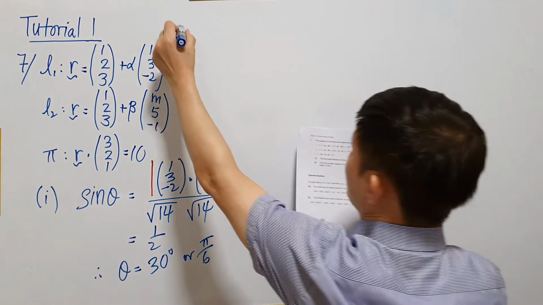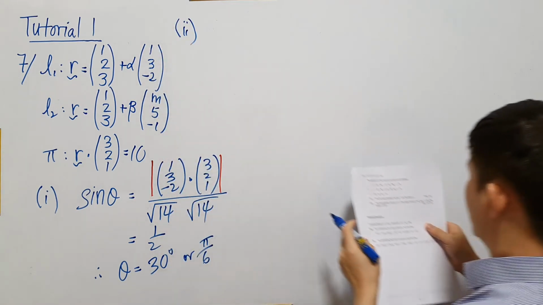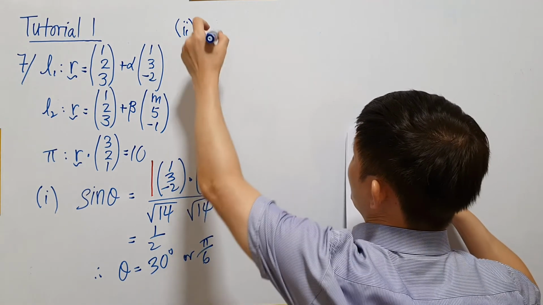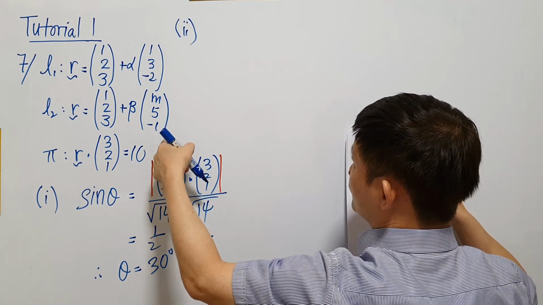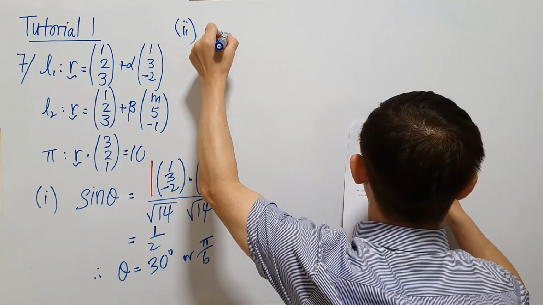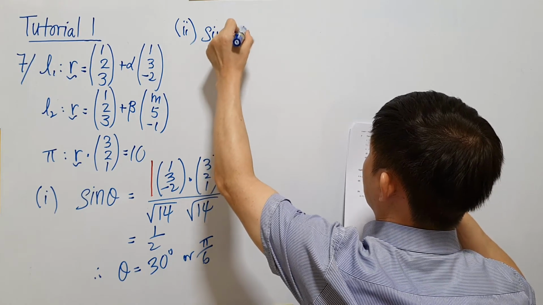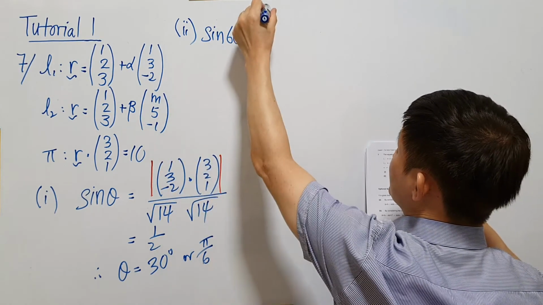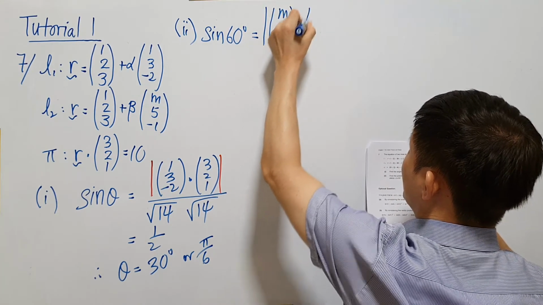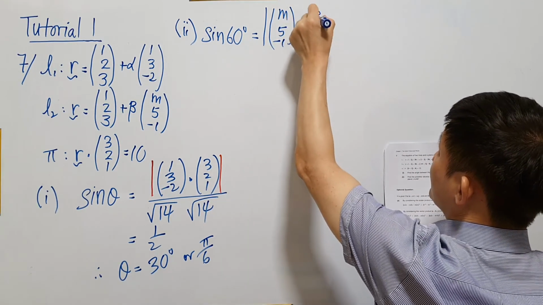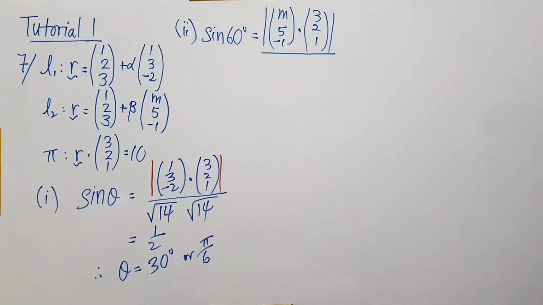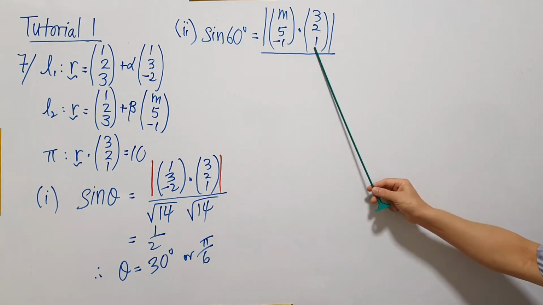Part 2. For part 2, you're told that the angle between L2 and the plane is 60 degrees. To find the angle between L2 and the plane, we use sine of 60, which equals the modulus of L2, which is (m, 5, -1), dotted with (3, 2, 1), divided by the magnitude of this vector and the magnitude of this vector.